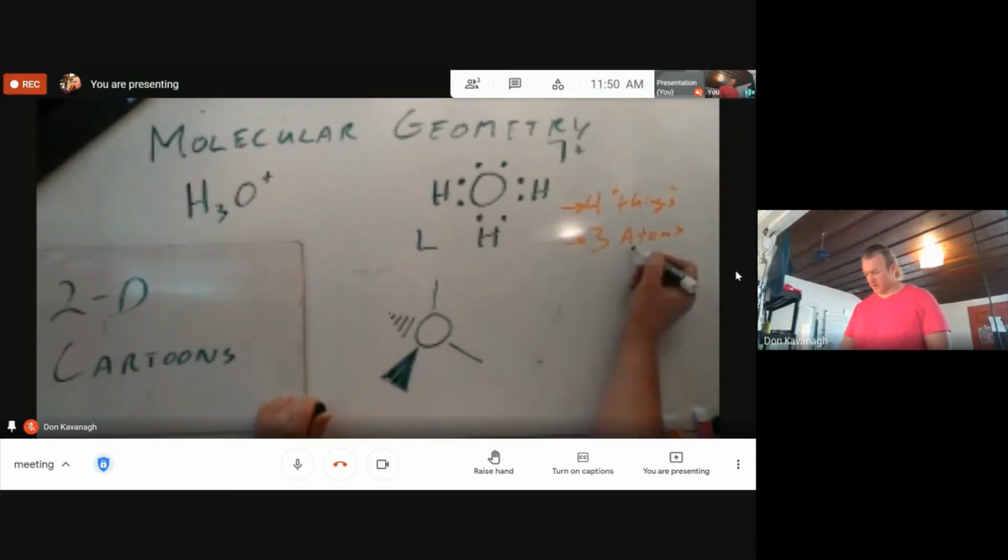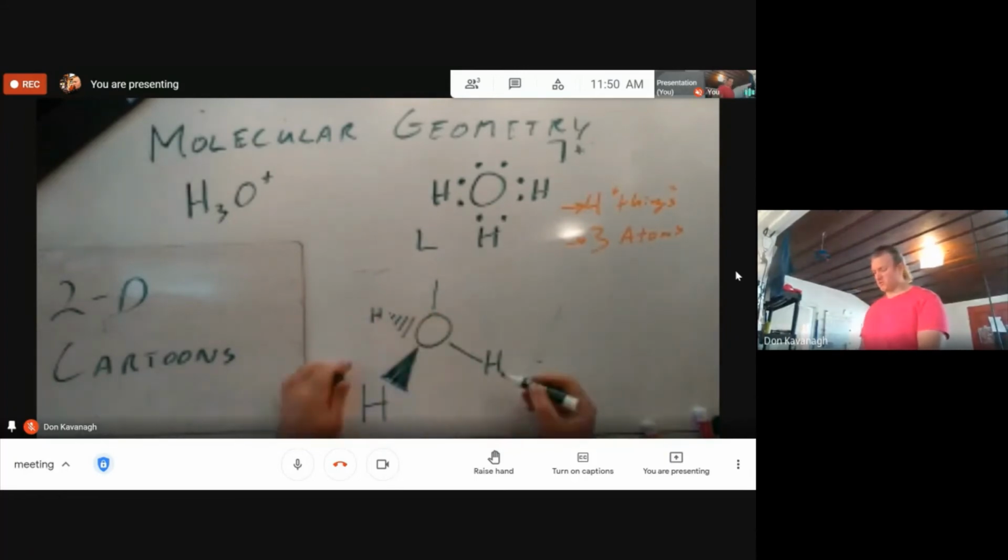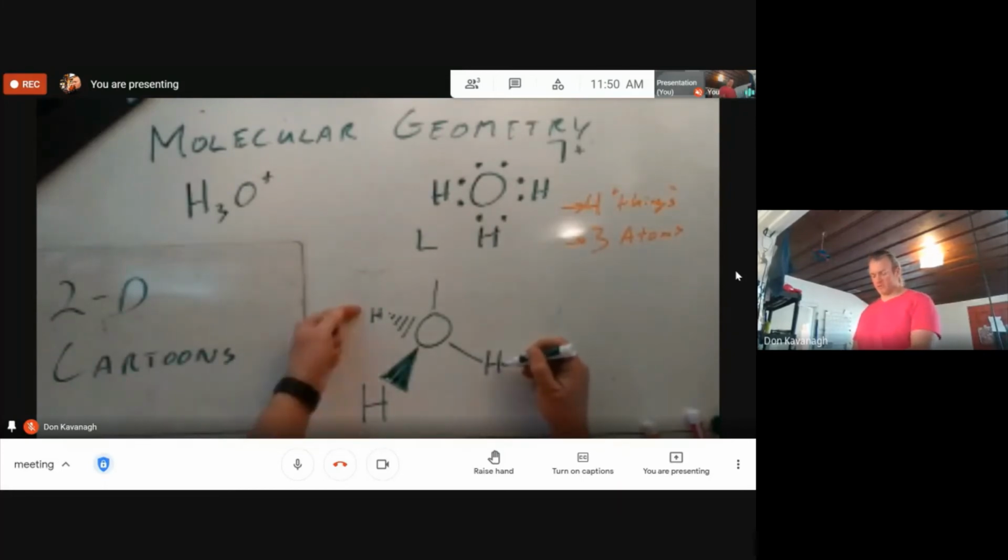3 of those things are atoms. Note I drew these 3 hydrogen atoms as different sizes because one is in the board, one's coming towards you, and one's going away from you.